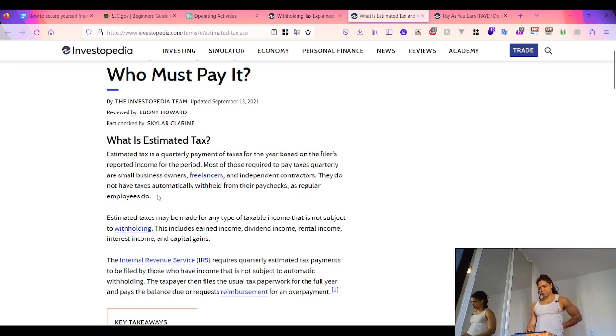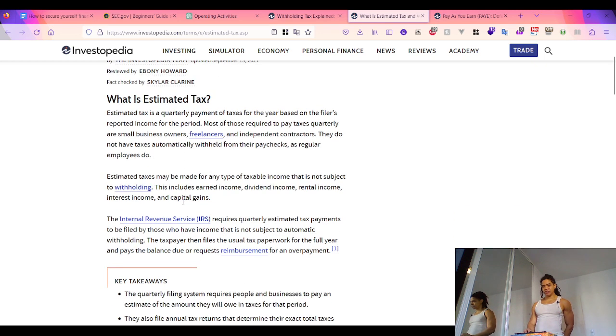They do not have tax automatically withheld from their paychecks, as regular employees do. Estimate taxes may be made for any type of taxable income that is not subject to withholding: earned income, dividends, rental income, interest income, and capital gains.